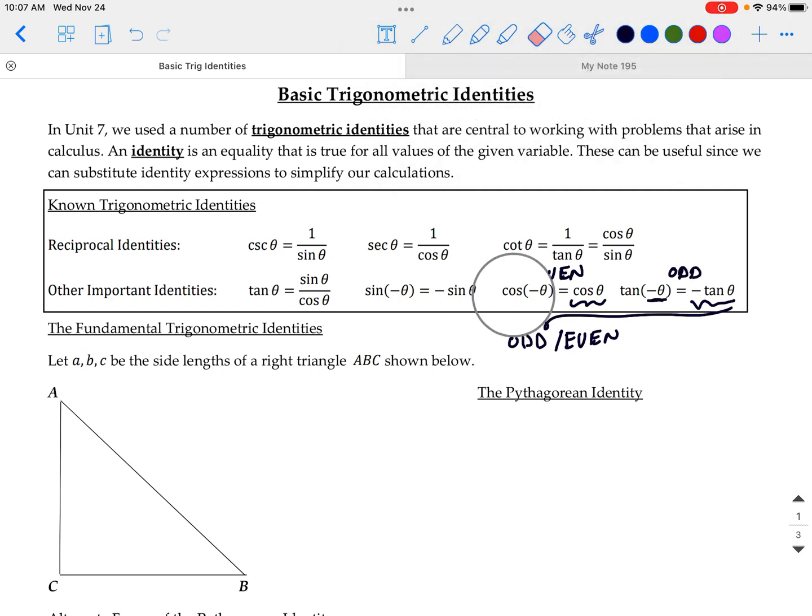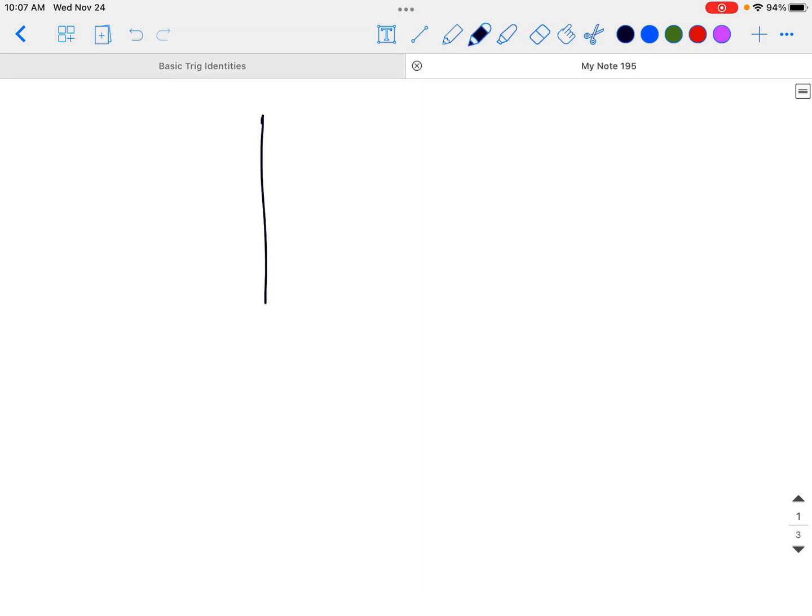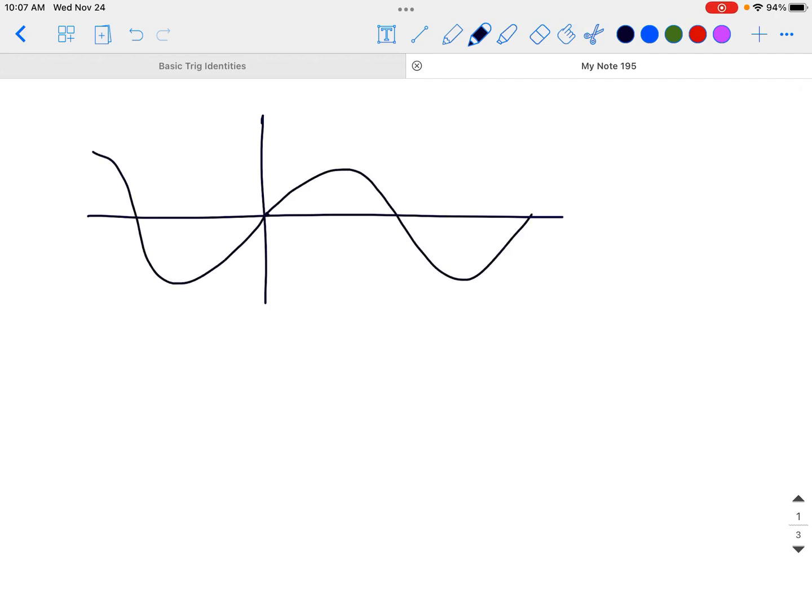And so again, we can think of this graphically if we wanted to. If we think of the sine function, which is that wave function starting at the origin, it has that odd symmetry about the origin, meaning for any value I choose, let's say a negative angle measure, the positive opposite of that will have opposite sign.